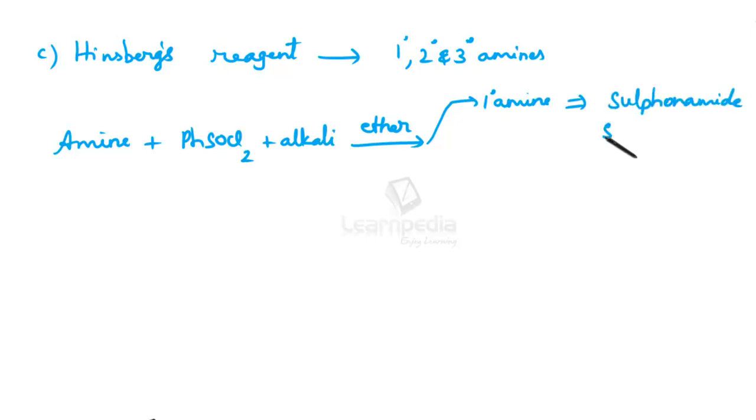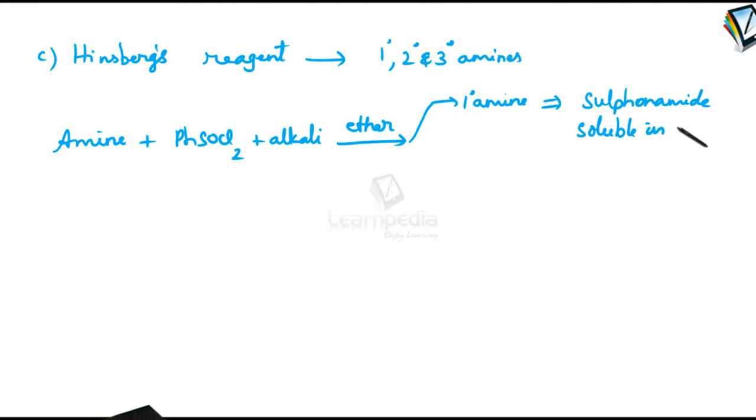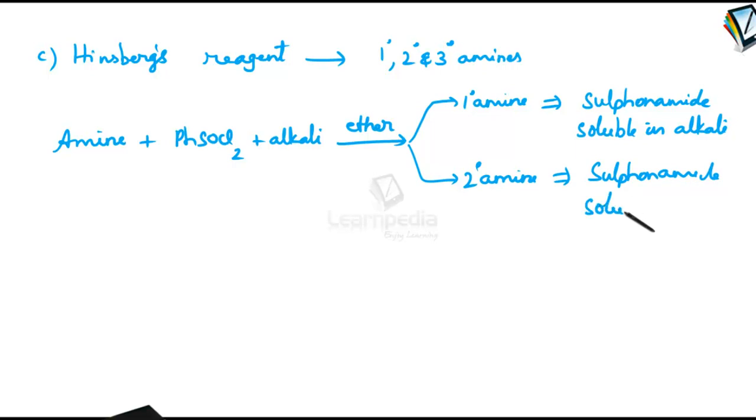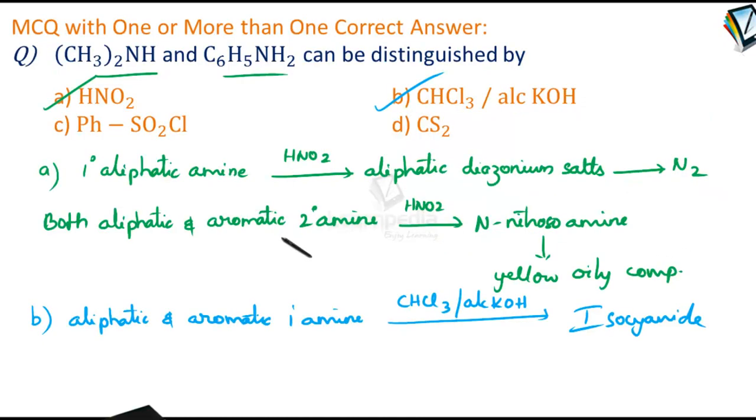This is soluble in alkali forming salts. And if it is a secondary amine, this also forms sulfonamide and this is soluble in ether. If it is a tertiary amine, it will not at all react with this Hinsberg reagent and this is soluble in ether. So definitely here using this benzene sulfonyl chloride we can distinguish both these amines.